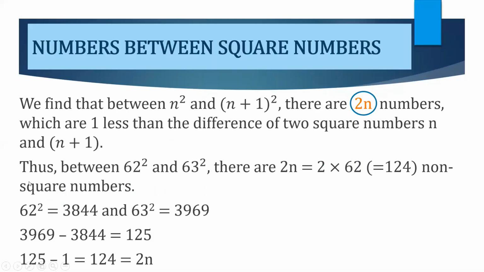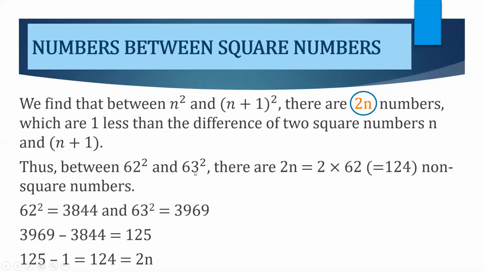The number of non-square numbers between 62 square and 63 square is equal to 2 into n. We have taken n is equal to 62, so 2 into 62 is equal to 124 non-square numbers between the square of 62 and the square of 63.